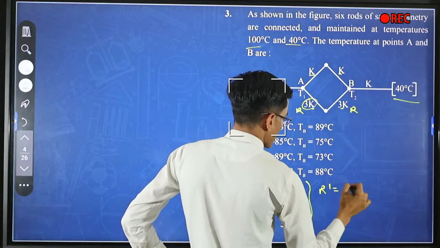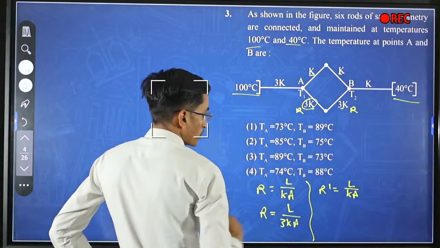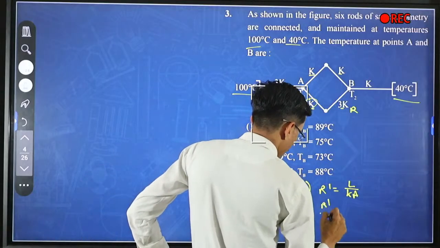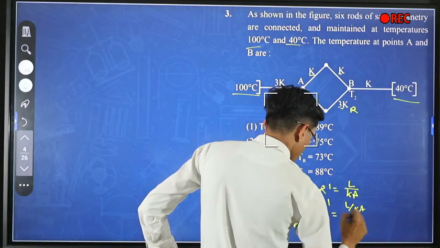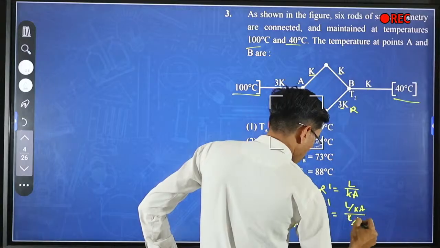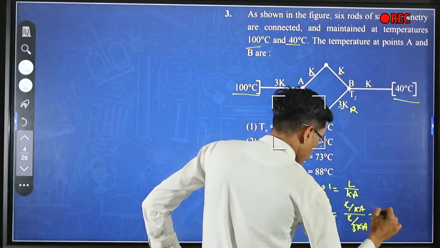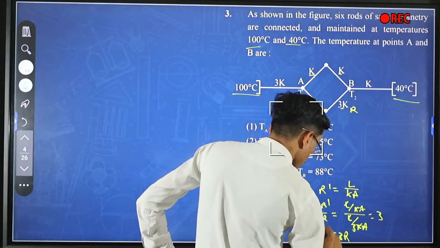So R dash will become L upon K. So R dash by R is equal to L upon K by L upon 3KA. L upon K cancels, so this will become 3. So we can say that R dash is equal to 3R.